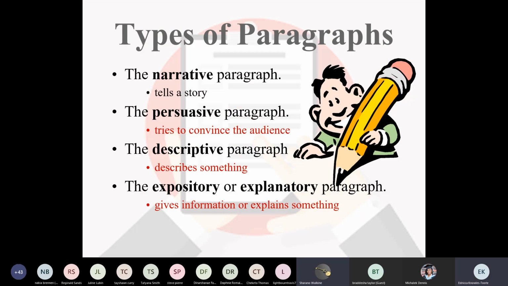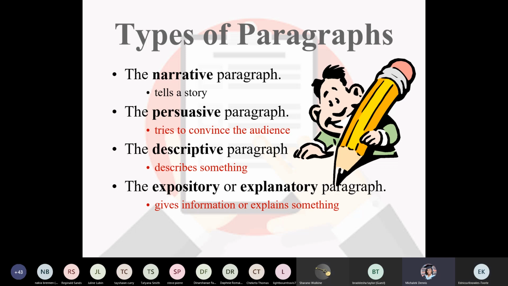Okay, let's look at some types of paragraphs. We have the narrative paragraph, okay? Does anybody know what the narrative paragraph is? Lauren is saying it tells a story.